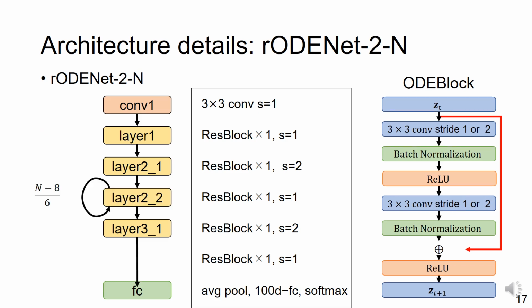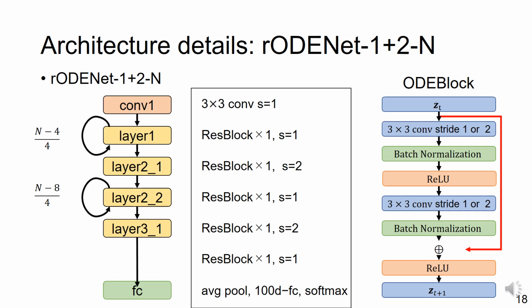rODENet-2 is a version of ODENet in which the execution count of Layer 1 is reduced and Layer 3 is removed. Instead, the execution count of Layer 2 in the ODE block is increased. rODENet-1+2 is an architecture that combines rODENet-1 and rODENet-2.